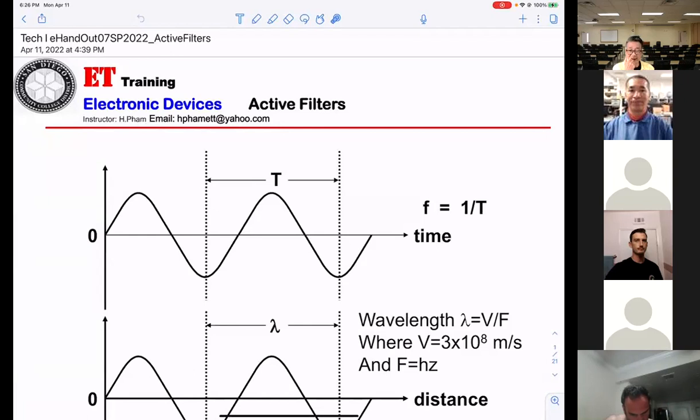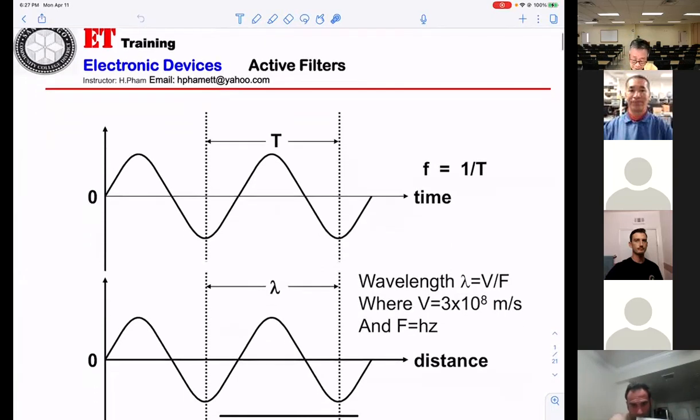And now in electronics, you can get the same thing, working the same, but they call it an active filter. Okay. This one we already know. If you get a period, you can calculate the frequency and the wavelength. Okay. And that will go with the distance.